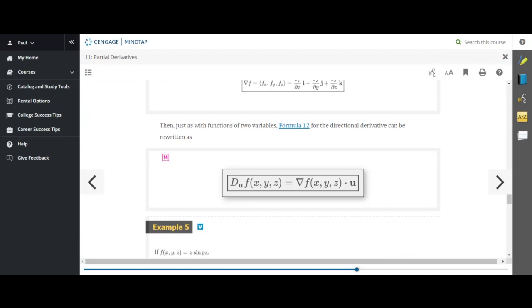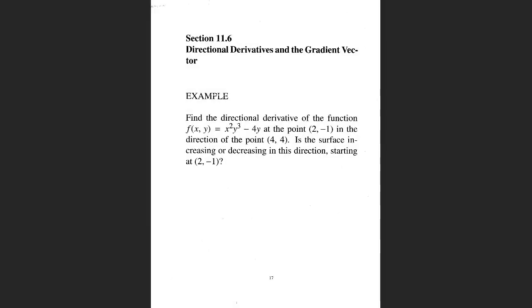As a matter of fact, let's get there now. Let me share this with you. Okay, let's do this example. Take a moment, copy this example down, and we'll go over it.